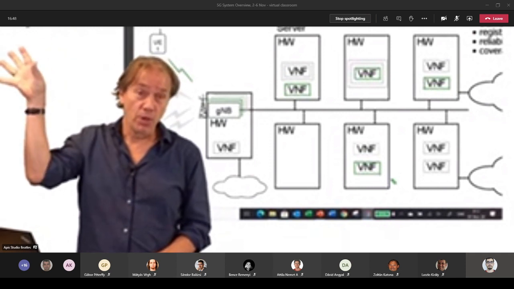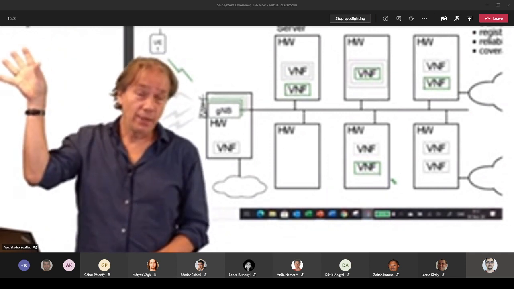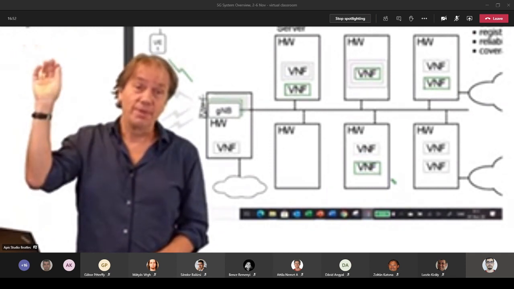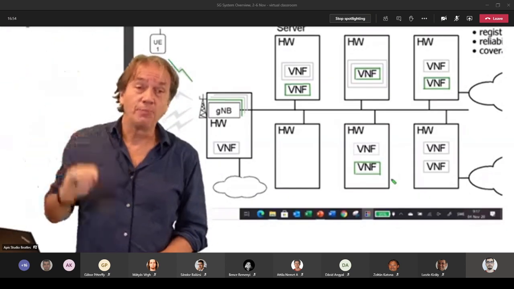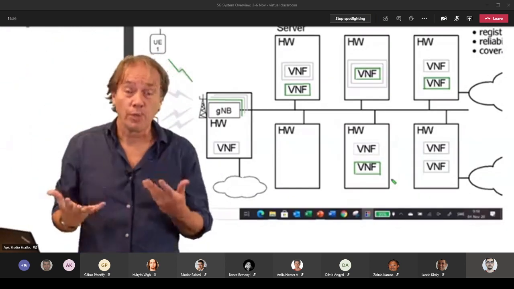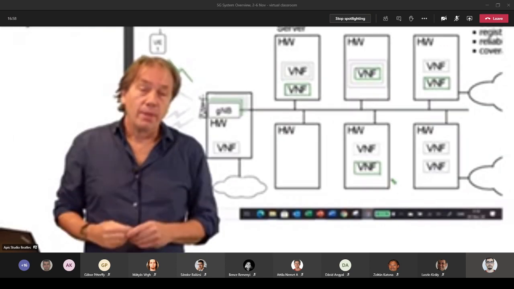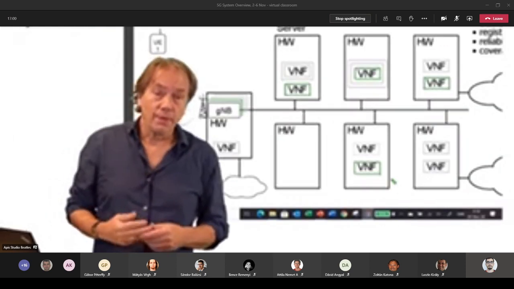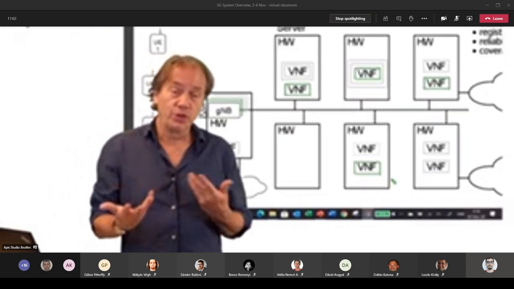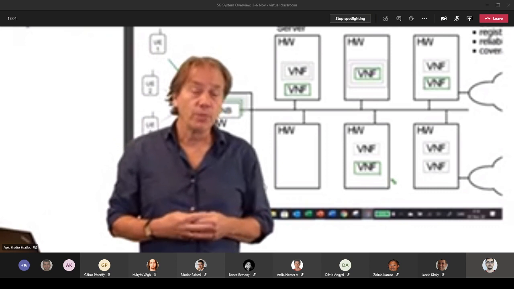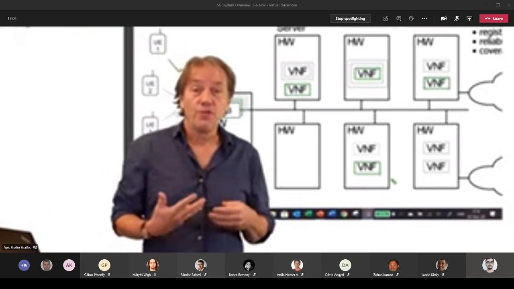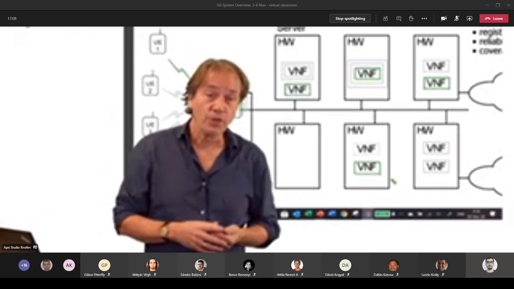If you remember from earlier on, there were many more different types of network functions in the core network architecture. We had the NRF, we had the charging function, we had the 5G EIR, we have the network exposure function.